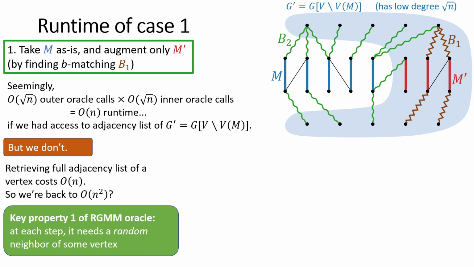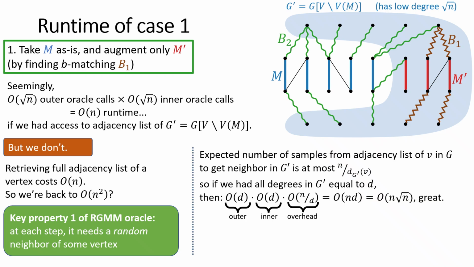So we use two key properties of the RGMM oracle. The first is that at each step, it needs only a random neighbor of the vertex that I'm at. So if I'm at some vertex and want a random neighbor in G prime, I'm going to sample random neighbors in G. The number of samples I need to find one is at most n over my degree in G prime.